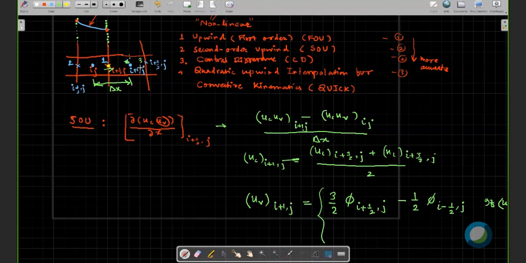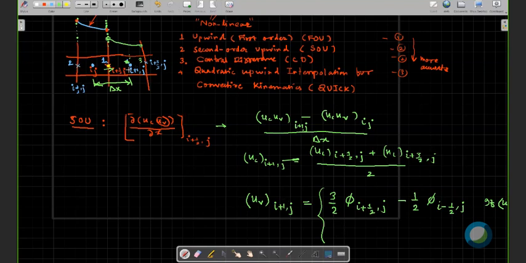Mean to say there are only 2 points, either these 2 points or these 2 points. So here 3 by 2 to the present value and minus half weight is given to the upwind value.